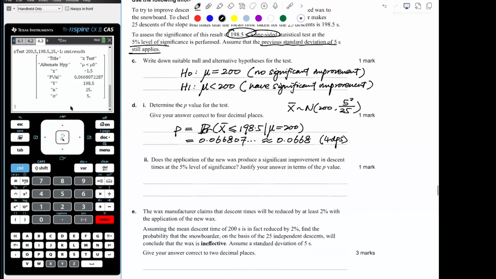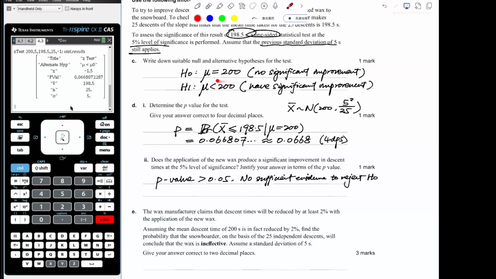And does the application of the new wax produce a significant improvement at a 5% level of significance? Here, my p-value is larger than 0.05. No sufficient evidence to reject H naught. Because we can't reject H naught, no significant improvement is concluded. Therefore, no significant improvement.